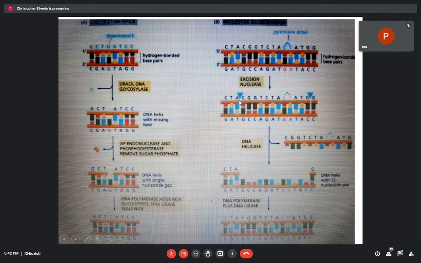So by the action of the excision nuclease, this entire fragment will be excised. So this one, which is carrying the cytosine-thymine dimer, is removed.